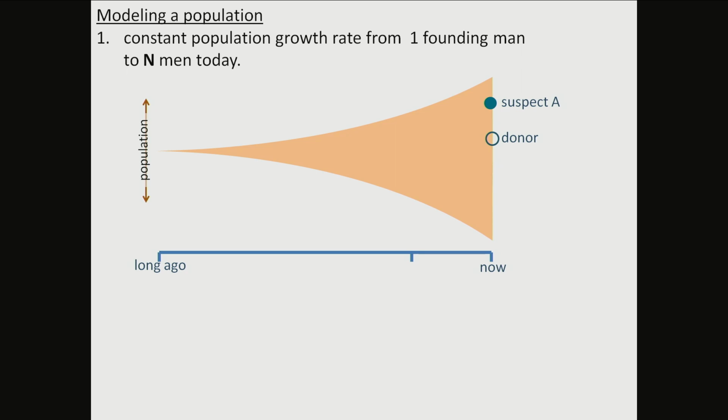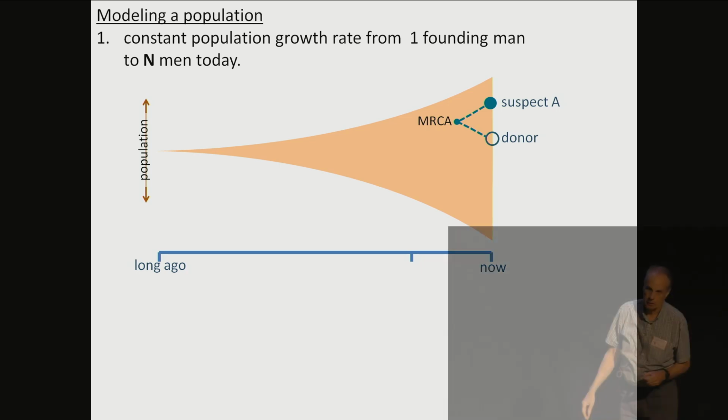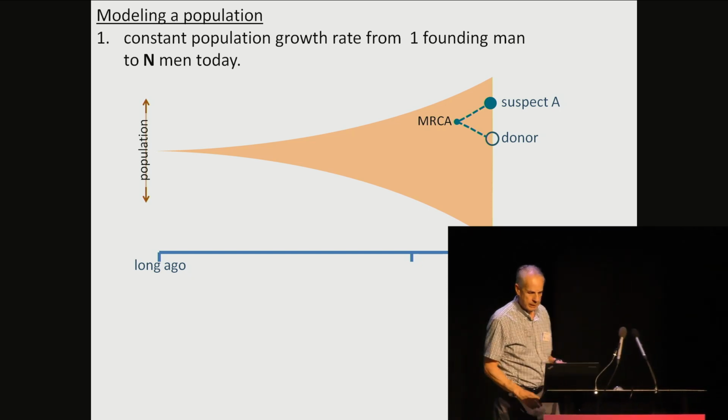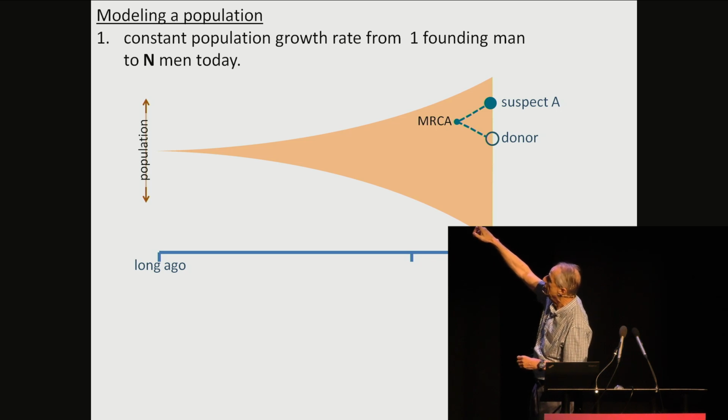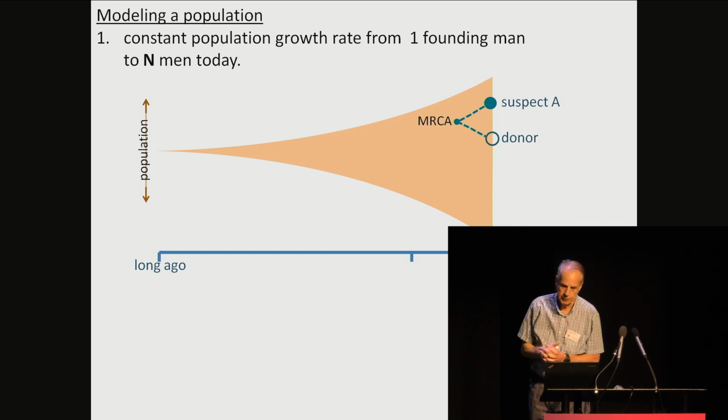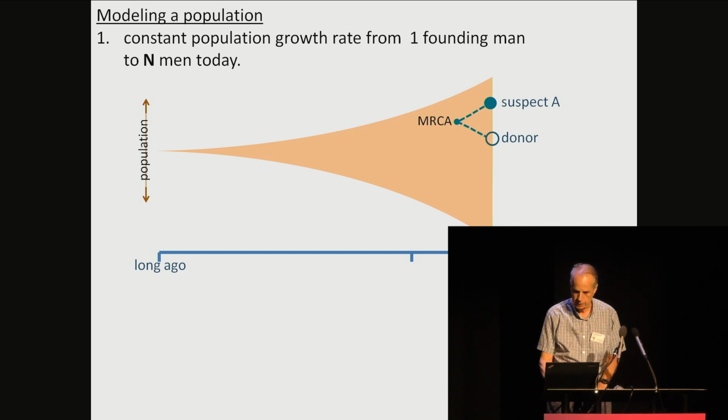It was injury time. Okay, let's suppose we have a population that starts on the left with a single man who has, let's suppose, 2 sons, and they have more sons, so the population grows like a trumpet as you move to the right. And let's suppose that we have a particular criminal case, and the circle is the donor's type, and the suspect wants to argue that he only matches by coincidence.